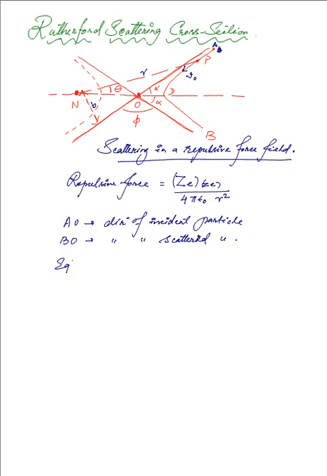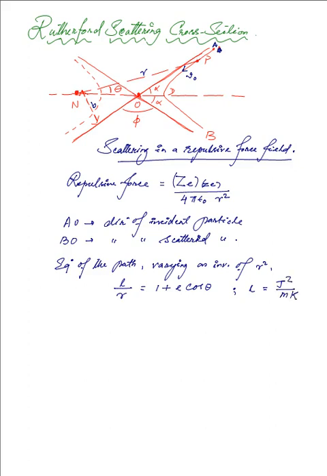So the equation of the path in case of the motion of a charged particle in the central force field, which is varying obviously as inverse of r squared, is given by L over r equals 1 plus e times cos theta. We had discussed this earlier in our segment involving scattering, where L obviously is equal to J squared over mk, where k is the constant.